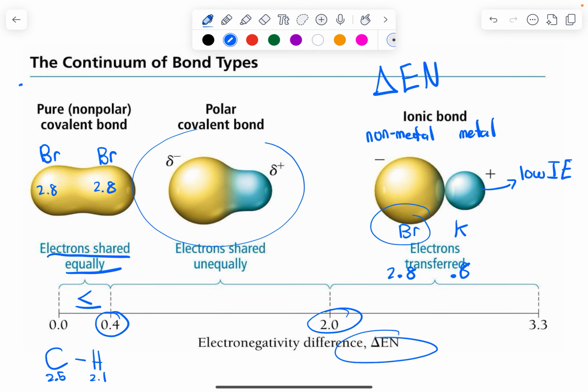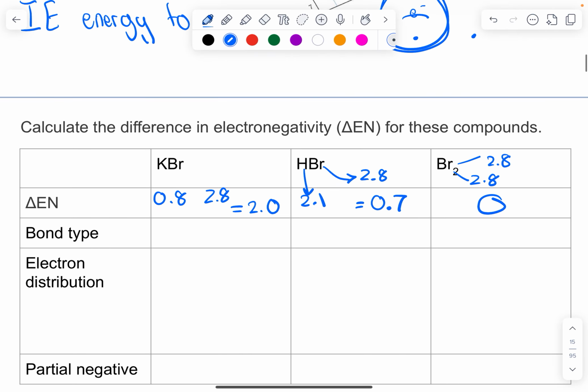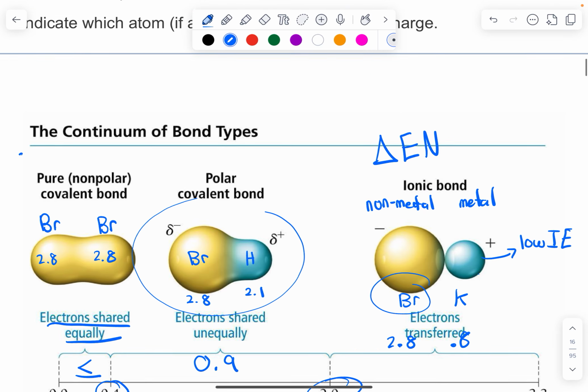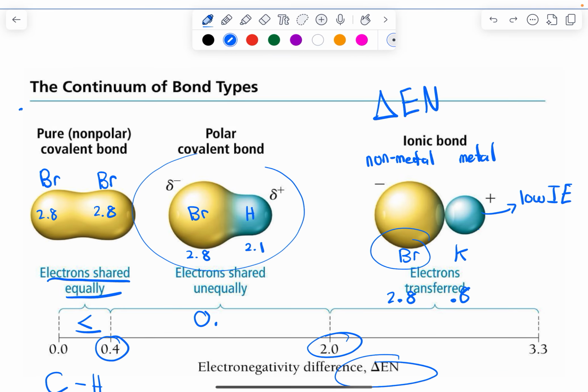Well, what about this middle region in here? So this would be the example that we had of H and Br. So 2.1 and 2.8. Okay, so the difference here of 0.9, let's see, was that the 0.7. I just did the math wrong. So 0.7 is the difference here. So it lies in the middle between this 0.4 and 2.0. And what it's really telling us is that the bromine is strong compared to the hydrogen.